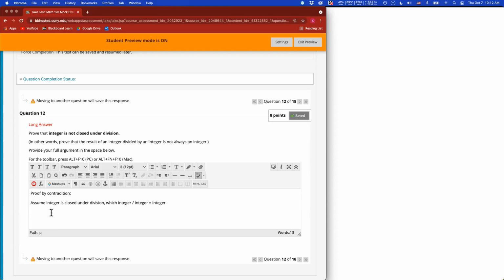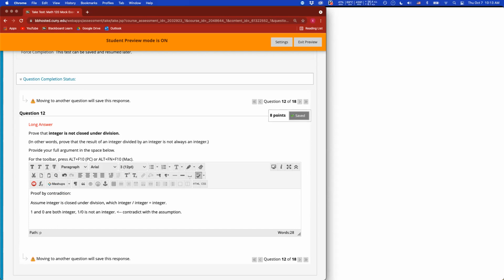So we can say 1 and 0 are both integers, 1/0 is not an integer. That contradicts the assumption.